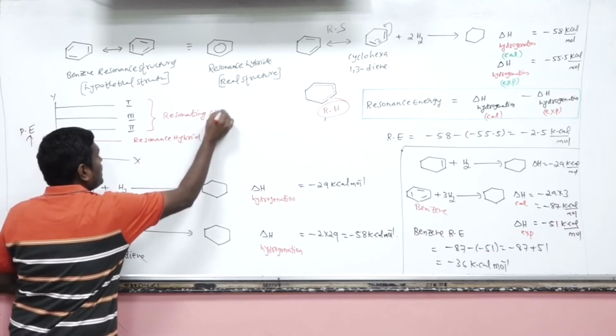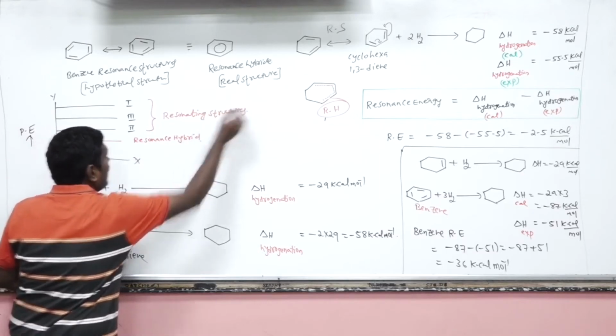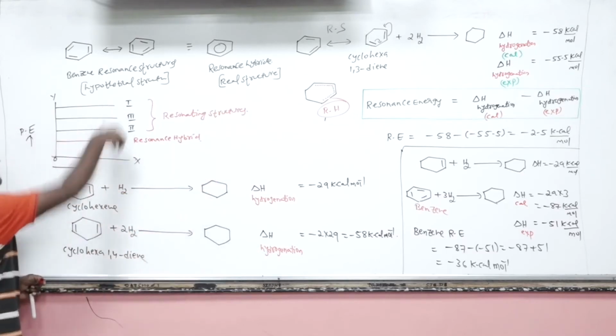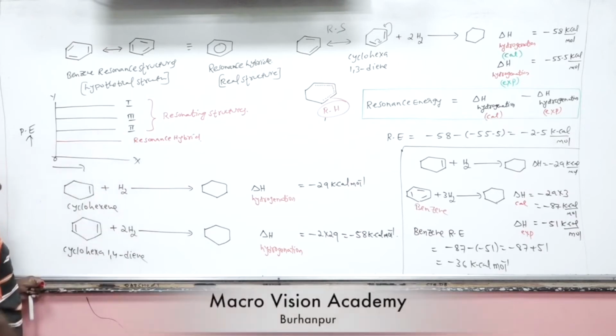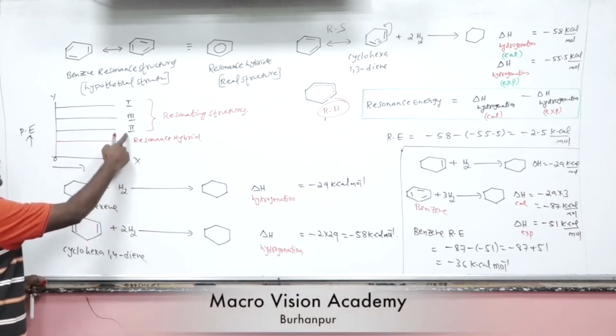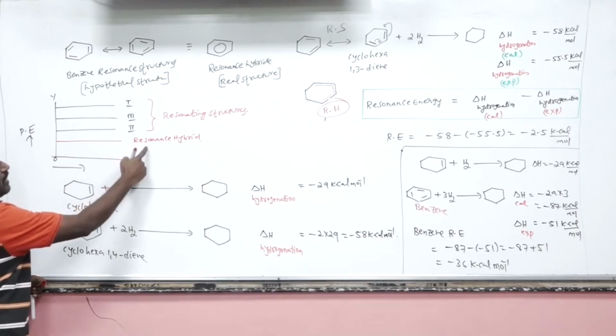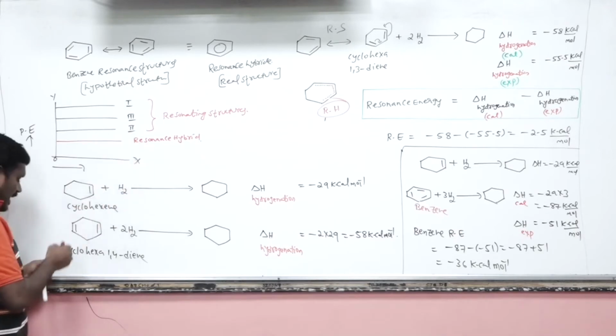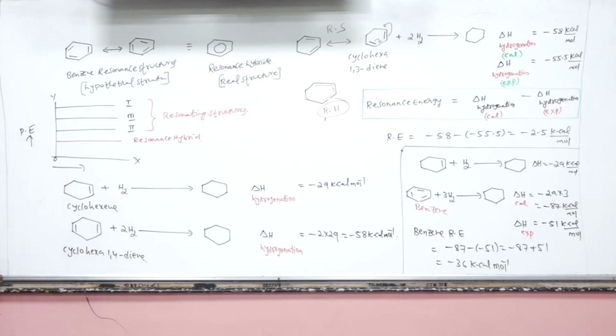Now, out of these 3 resonating structures, which has the least energy? Structure number 2. And what is the most stable structure? The resonance hybrid.